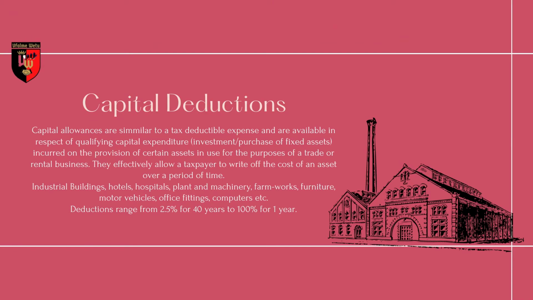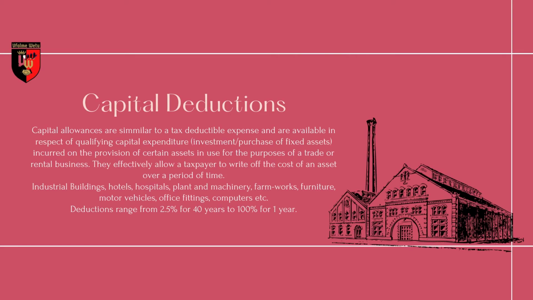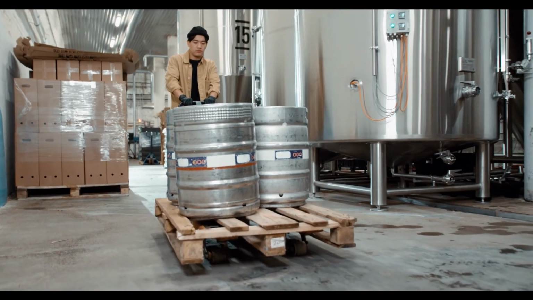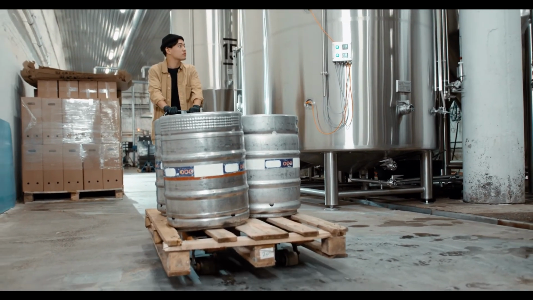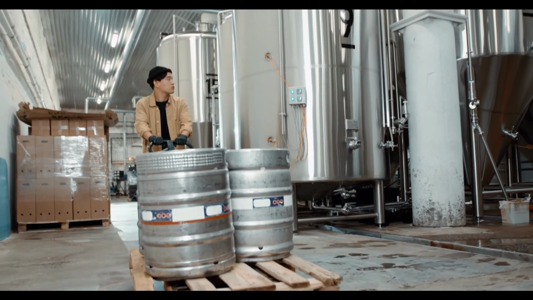For instance, if you invest in a building, that will be called the capital expenditure on buildings. The hotel buildings, buildings used for manufacture, hospital buildings, petroleum or gas storage facilities, educational, you'll be allowed a 50% deduction of the total cost in the first year of use, and 25% on a reducing balance for the remaining cost.